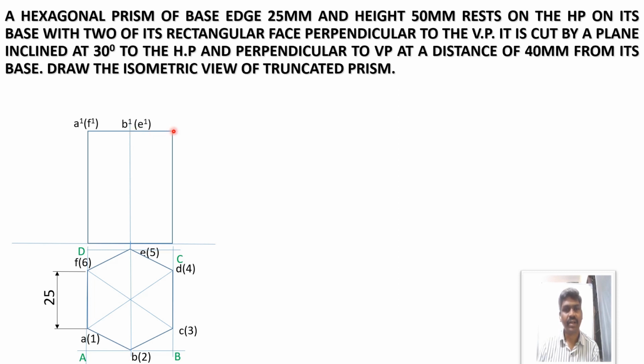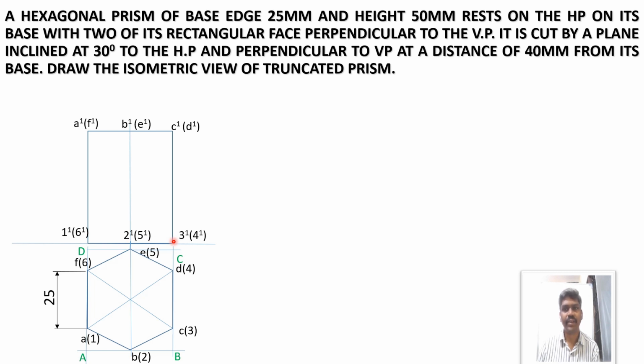At this corner C dash is visible, D dash is hidden. Next we focus on the base edges. At this corner 1 dash is visible, 6 dash is hidden. At this point 2 dash is visible, 5 dash is hidden. At this point 3 dash is visible, 4 dash is hidden.